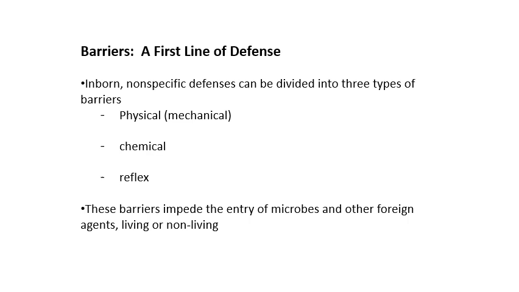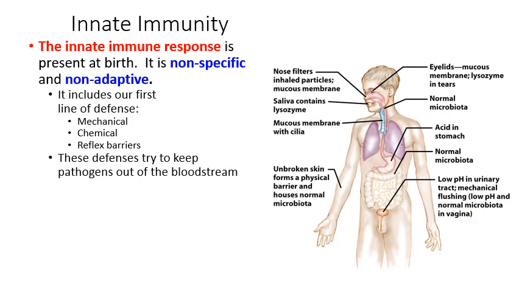Okay. So looking at this first line of defense in a little bit more detail. Again, this is external barriers to entry. You're born with these responses. They can be physical or mechanical barriers, chemical barriers, or reflex barriers that stop things from entering into your body. Some of these physical or mechanical barriers are simple things like your skin.